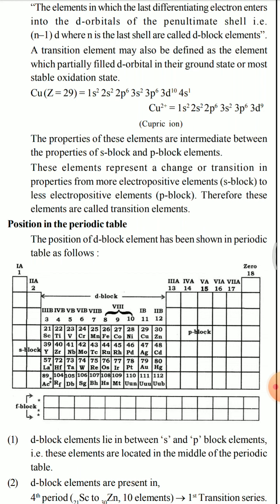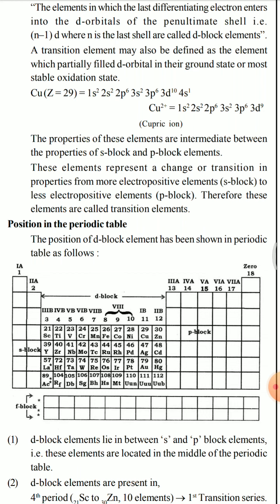So the elements in which the last differentiating electron enters into D orbital of the penultimate shell, that is the n-1 d shell, are called D block elements.